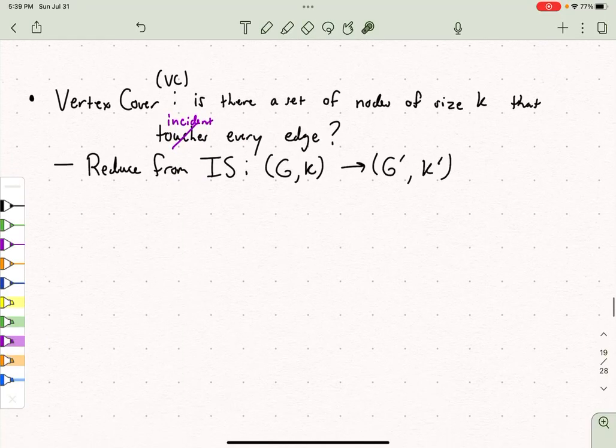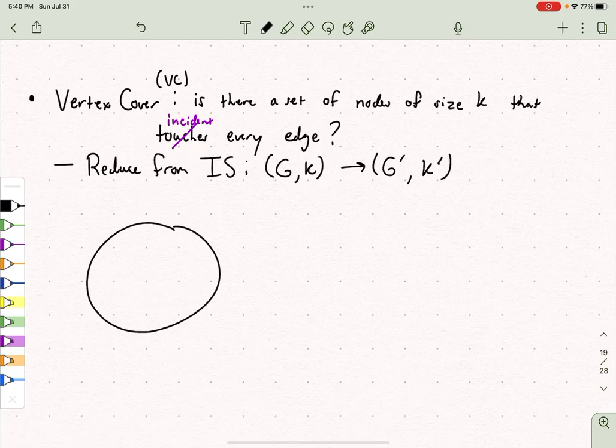Okay, now let's move on to vertex cover. We can use a similar trick here. So the observation in this case is if you had an independent set in your original graph, there's no edges between those nodes, so every edge has to be somewhere else. All the edges are over here somewhere.